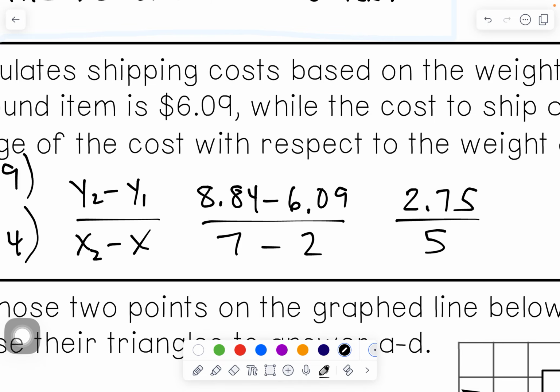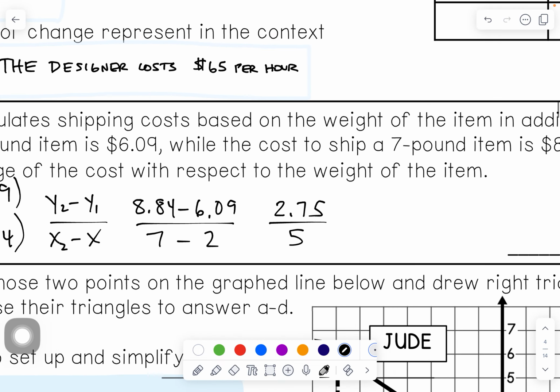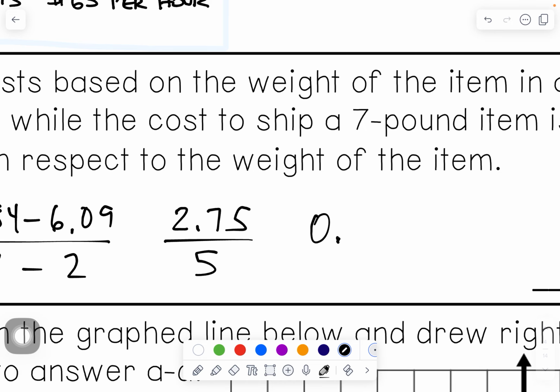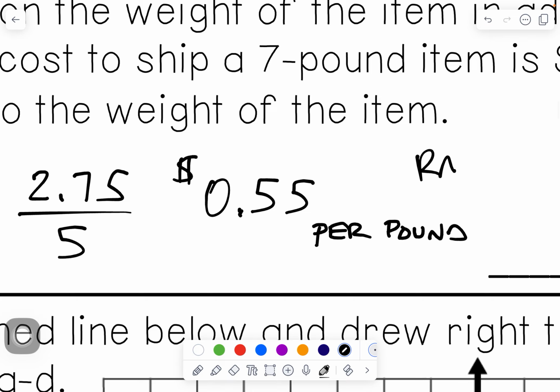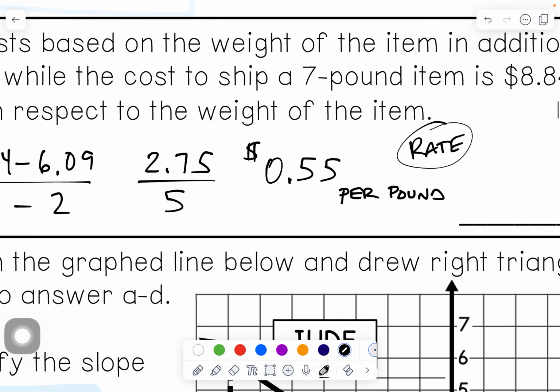And when I actually calculate this, because I do want to calculate it, I'm going to come up with 55. Okay, so cents per pound. All right, because the dollars are on top, the pounds are on the bottom. It's still a rate. Okay, this will be a rate. If I graph this on a coordinate plane, it would tell me how my line's increasing.